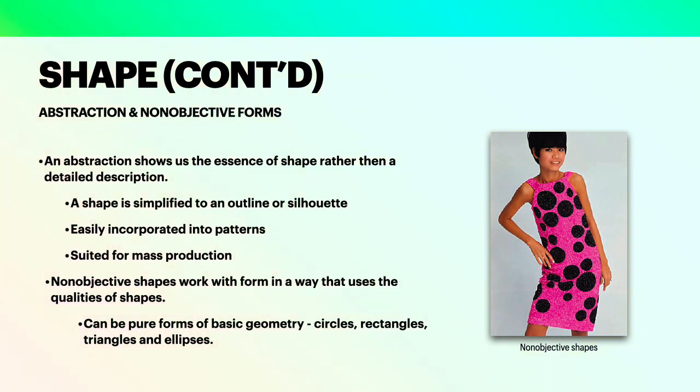So abstractions are easily incorporated into patterns, and they are best suited for mass production. Now with your non-objective shapes, these work with form in a way that uses the qualities of the shape. So these can be pure forms of basic geometry like circles, rectangles, triangles, and ellipses.